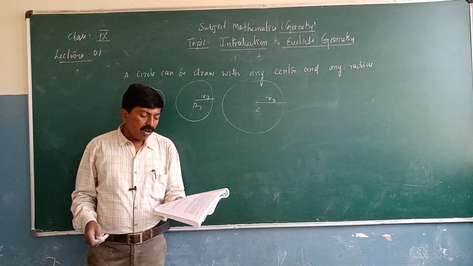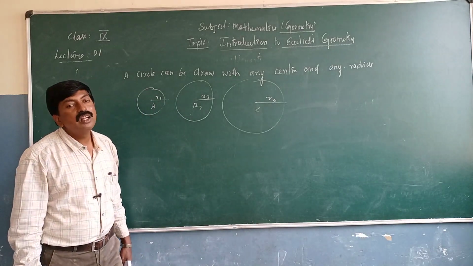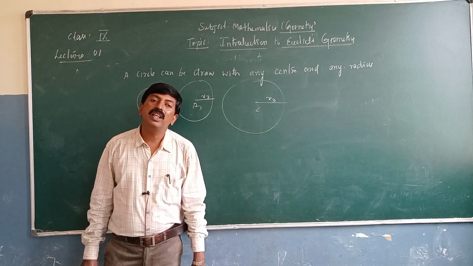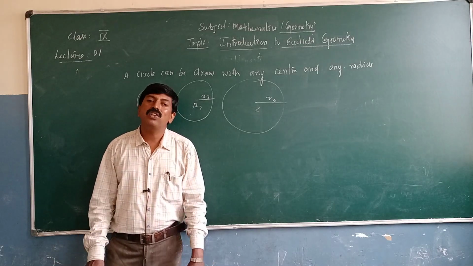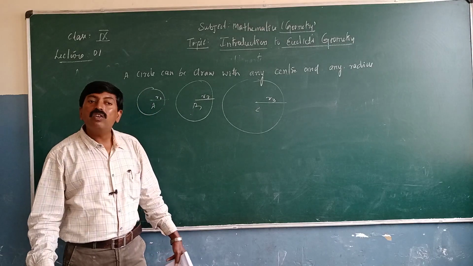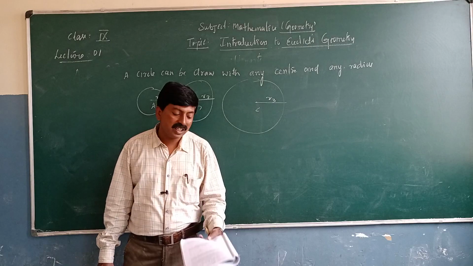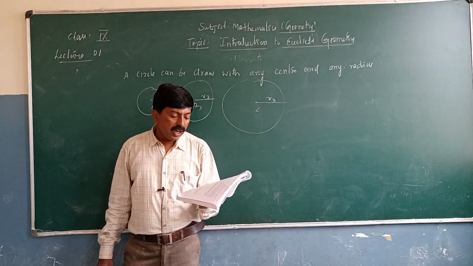Like this, all right angles are equal to one another. Remember, 90 degrees is equal to 90 degrees.